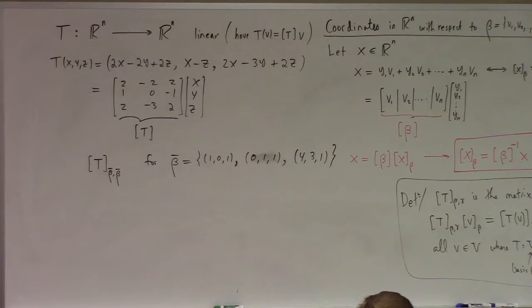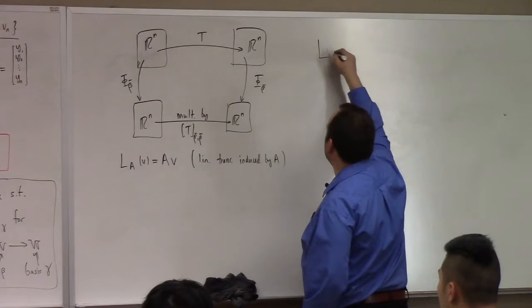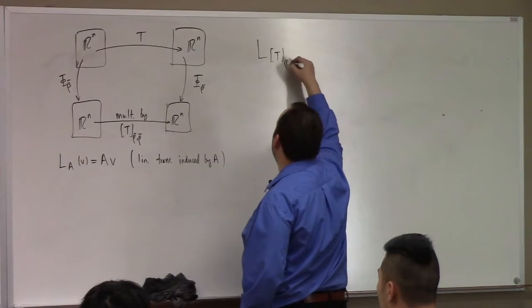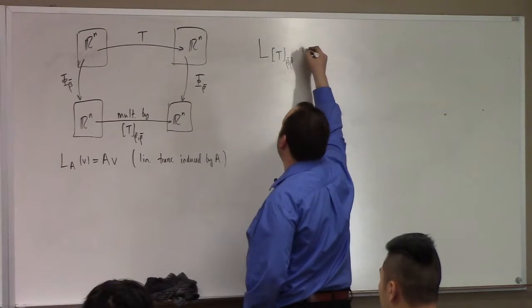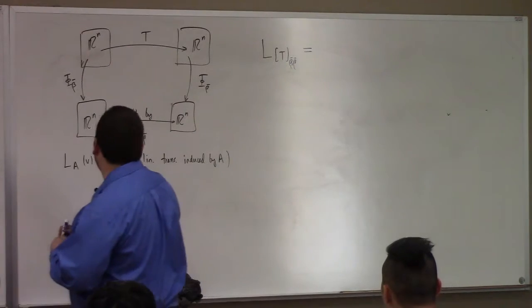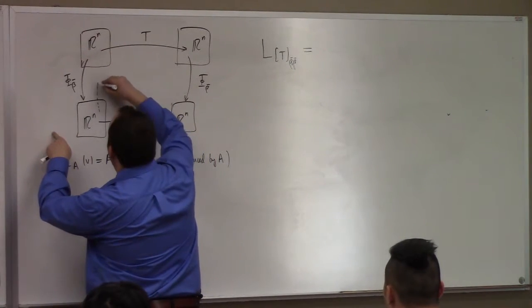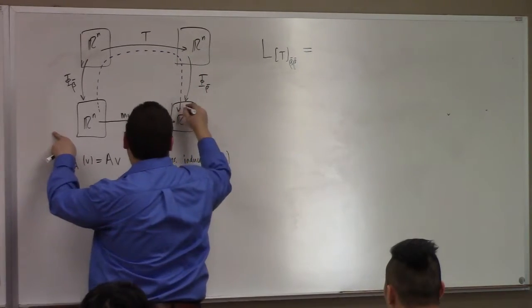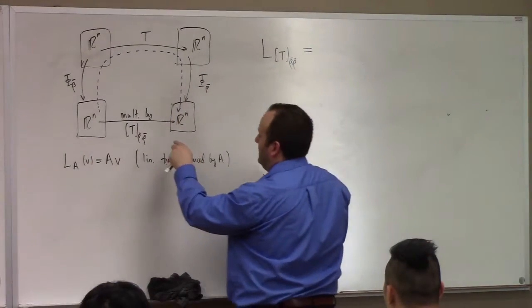We have this notation, L sub A of V is equal to A times V. So this is the linear transformation induced by A. With that notation, I can express this by saying L of T beta bar is equal to, I can look at these mappings and view it in terms of composition of mappings.